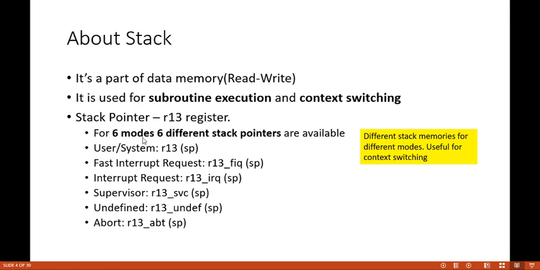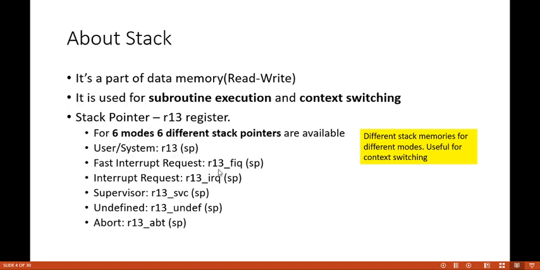Now, in case of ARM7, you will be delighted to know that it is containing 6 different stack pointers. Means instead of having one stack pointer which was present in earlier all the microcontrollers, here you are having 6 different stack pointers. For user and system mode, one is there, that is R13.